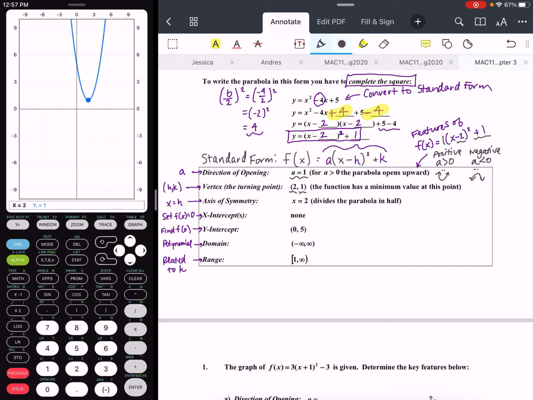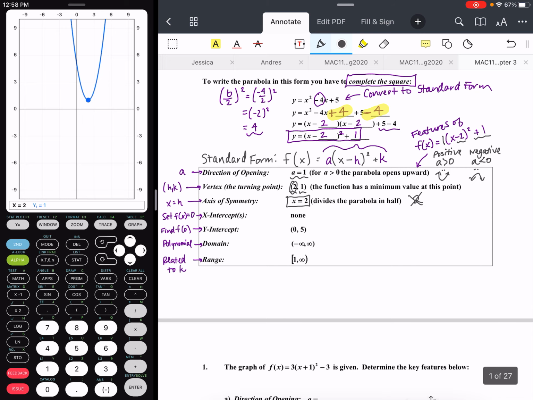All right, our axis of symmetry. Whatever your x coordinate is in your vertex, that's going to correspond to your axis of symmetry. So in this case, our x coordinate was 2, our axis of symmetry is x equals 2. If you're asked for an axis of symmetry, do not say, oh, it's 2. That's just a constant, right? That's not an equation.